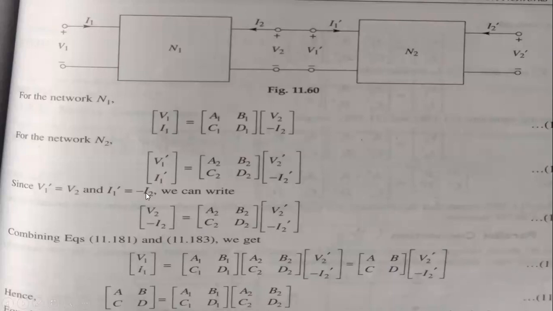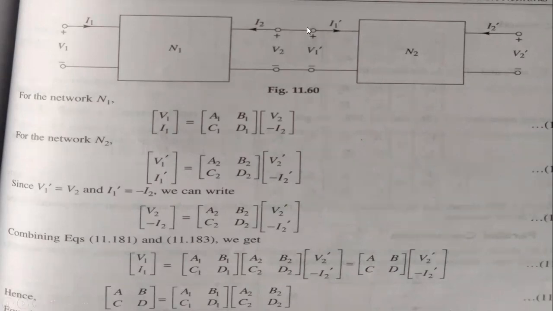Just for the sake of simplicity, to reduce the network, we can assume that V1 dash is equivalent to V2 and I1 dash is equivalent to minus I2. You can observe this with the help of the circuitry also. All of you pay attention: V1 dash is equivalent to V2.